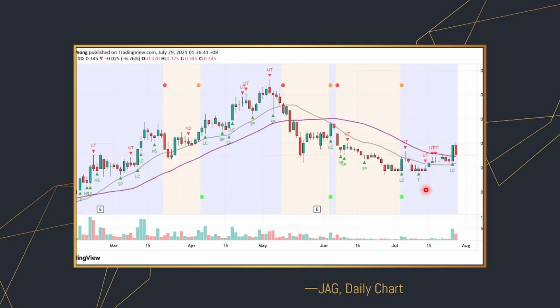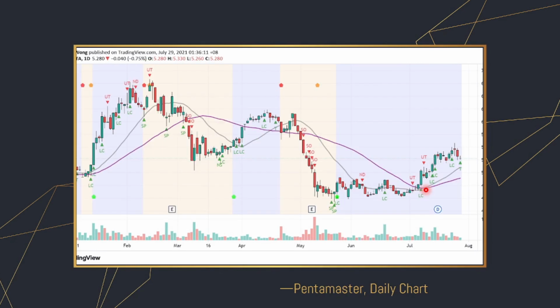Now this is Jack, where I think the bar for today is not that ideal. Because if you look at our previous example, like I said, most of the time when they try to retest back to support, you want to see lower volume.